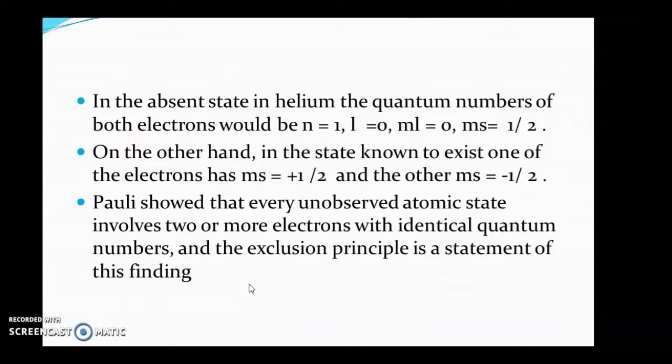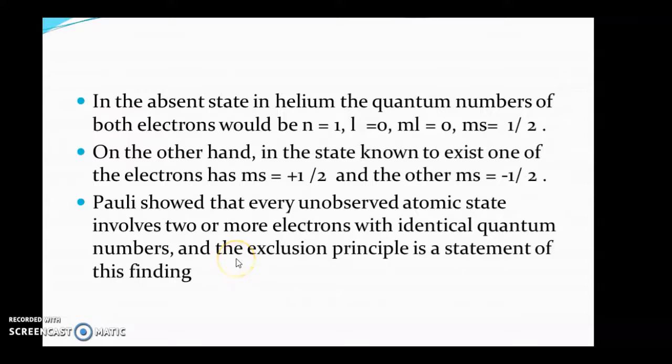In the spectrum, the observed lines are present and the missing lines infer the same set of quantum numbers; the present lines infer electrons with different sets of quantum numbers. And the exclusion principle is the statement of that finding.